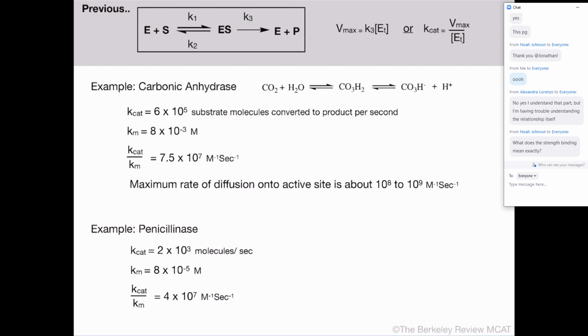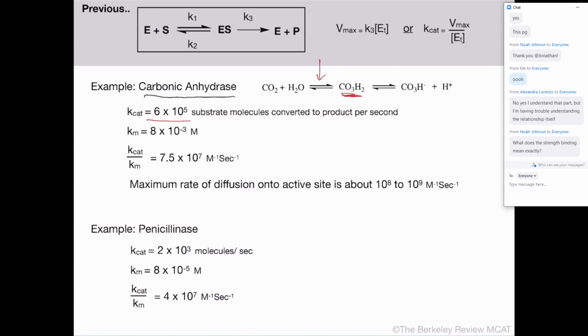And so let's go through a quick example that will hopefully shine a little light on this. Think about this enzyme, carbonic anhydrase, which is the enzyme that converts CO2 plus H2O into carbonic acid. If you did an experiment, you would get that the Kcat gives you this number, 6 times 10 to the 5 substrate molecules converted per second.